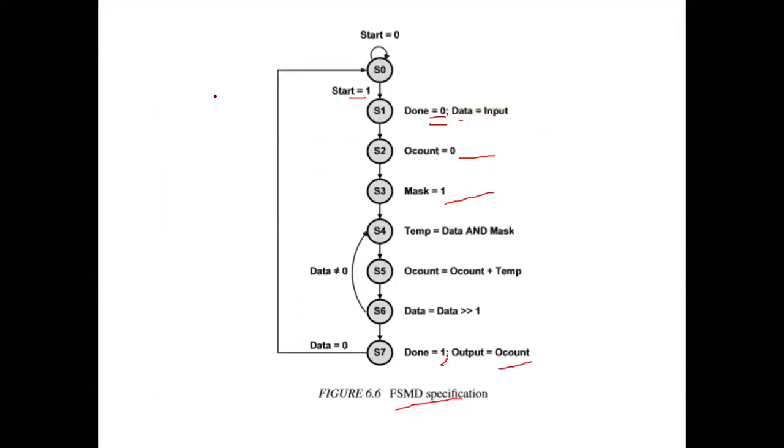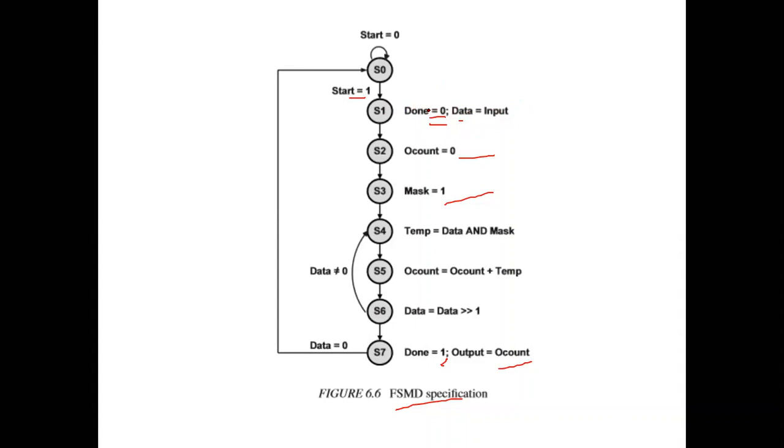So when the start signal is 1, it moves to S1. In S1 it performs some operations: the done signal is made 0, and the data is also received. That will be part of a register. The register initialization is done by the output logic, so we are not showing it in the input table.